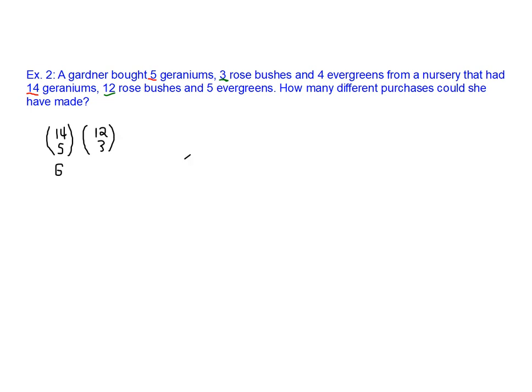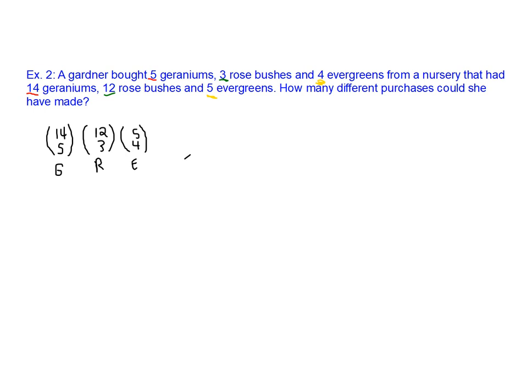Then we can move on to the evergreens. There are 4 evergreens that she purchased, and there were 5 to choose from. That's probably one that with a little bit of thinking you could figure out without a calculator. So we had 5 evergreens to choose from, and 4 evergreens that she bought. Oh, and I didn't label the roses. So here we go, here are the roses.